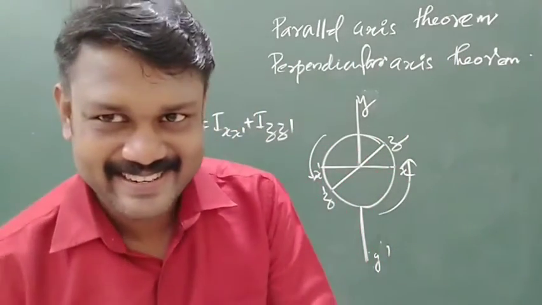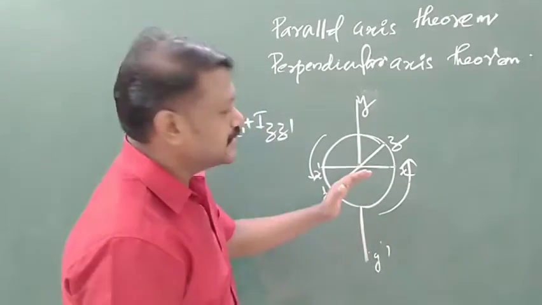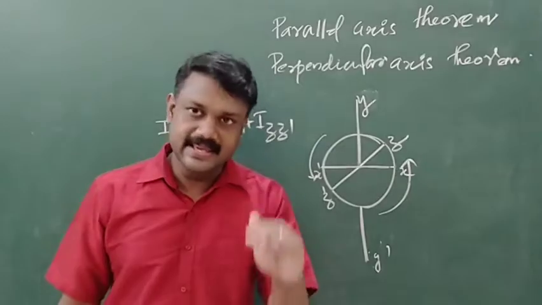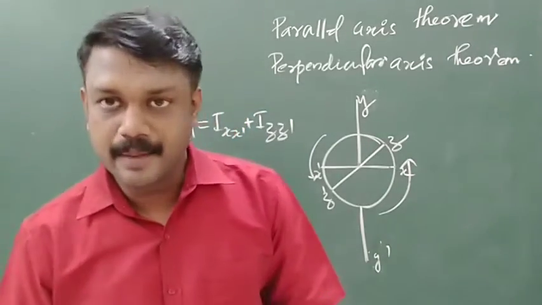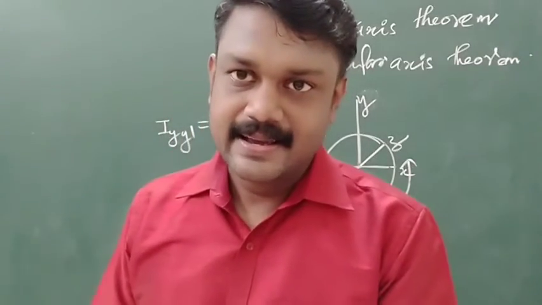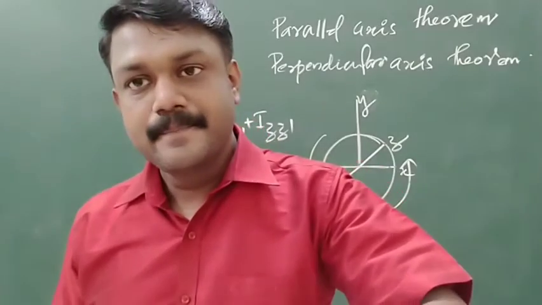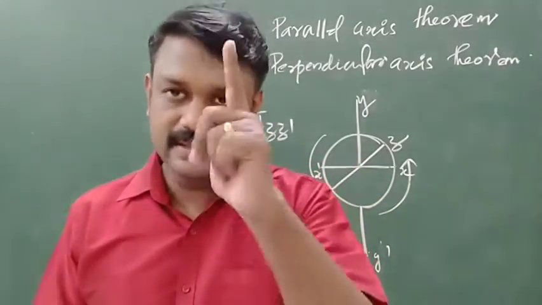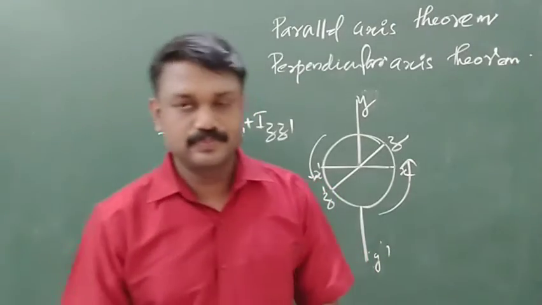Now it is clear. So the moment of inertia about any axis perpendicular to a plane lamina is the sum of the moments of inertia about two axes lying in the same plane, meeting at the same point through which the third axis is passing.